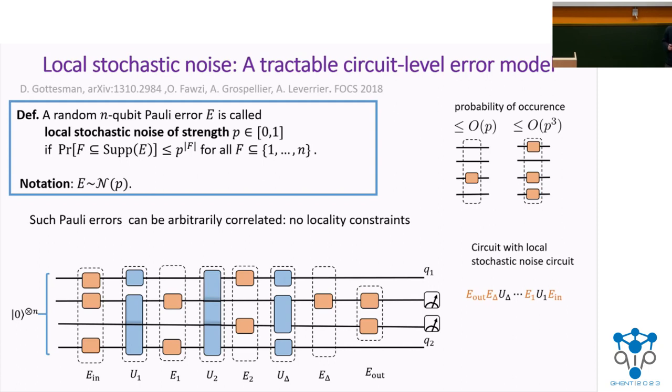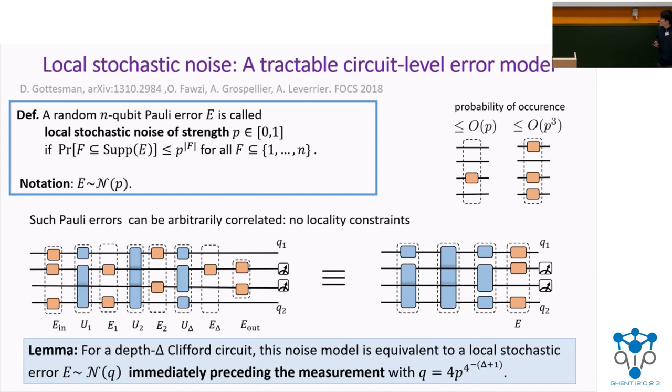We can write all the faulty gates, noisy input state, or faulty measurement outcome with those Pauli errors, namely E in, E1, E2, up to E delta and E out. And we only request that the marginal distribution of these E1 to E delta, E in and E out be local stochastic noise.